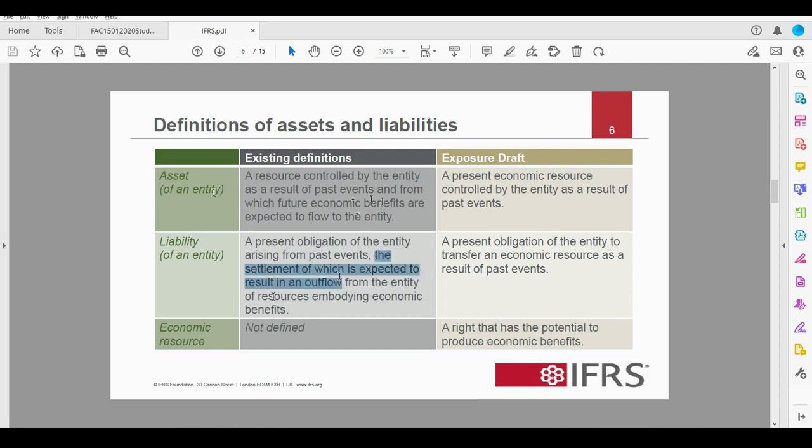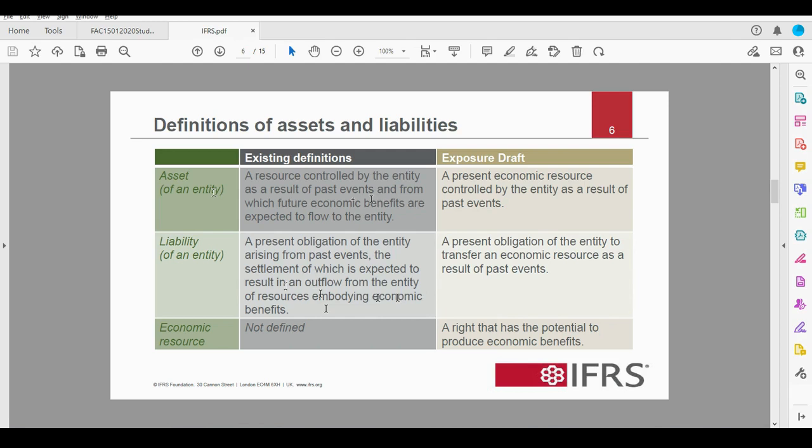And the settlement of which is expected to result in an outflow. Do you see the difference? Here it's an outflow. You're expecting that money will go out of the company. That's what it means. There's going to be an outflow of cash when you're settling it because it's a liability.